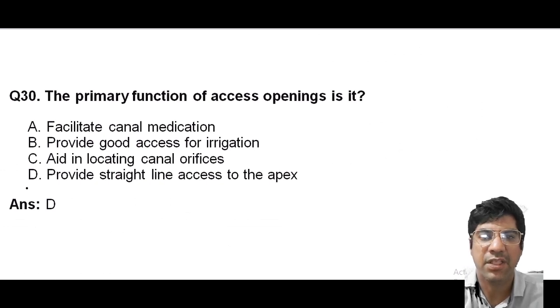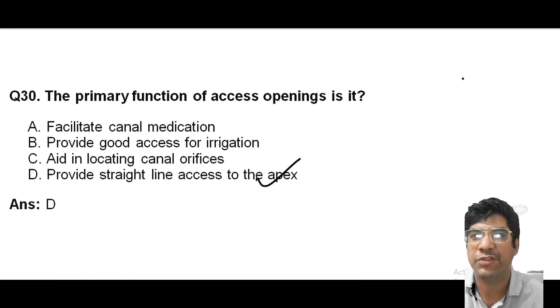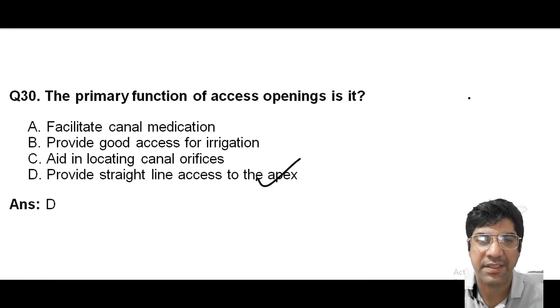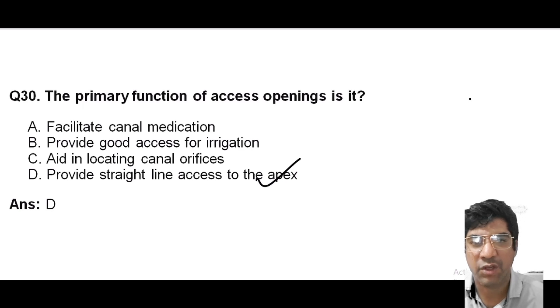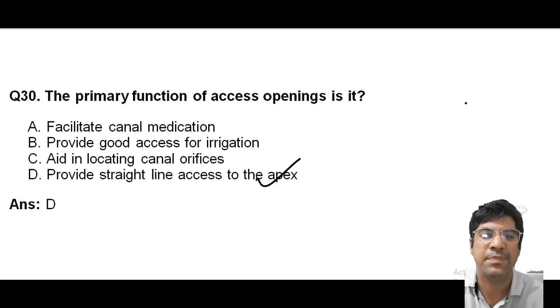The primary function of access opening is to provide a straight line access. The access opening is the initial step in root canal treatment. It involves the removal of the tooth crown portion to gain access to the pulp chamber and root canal system.